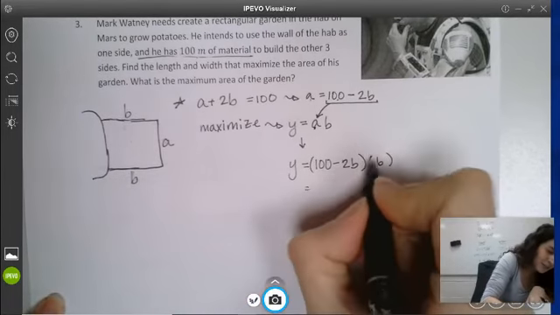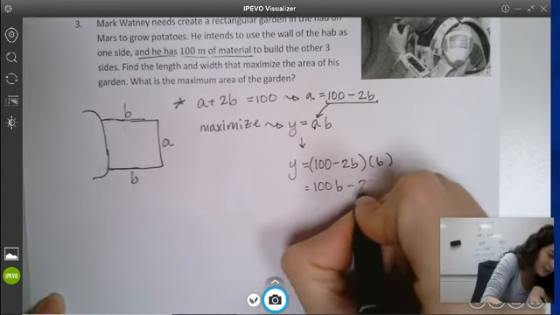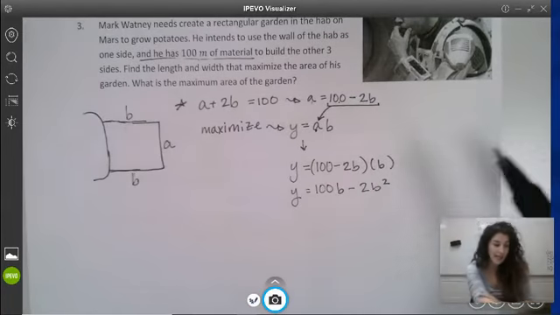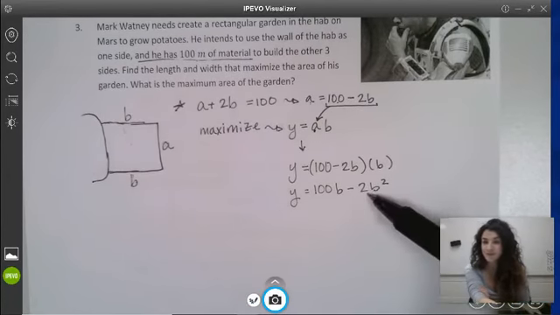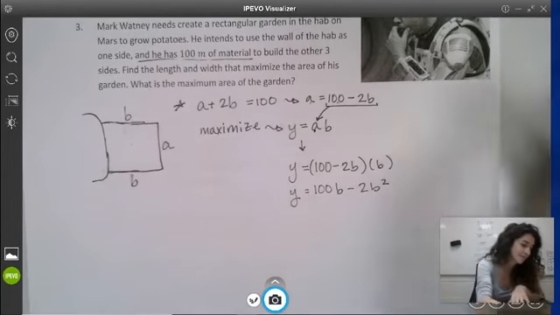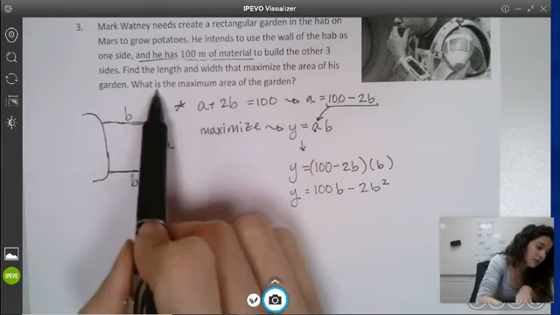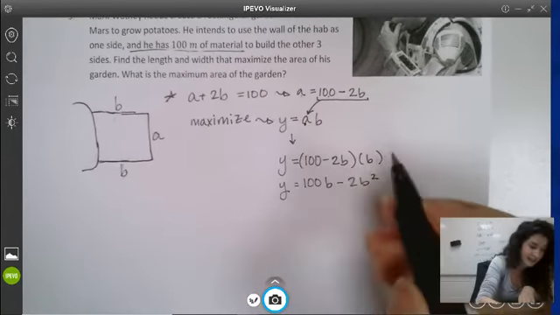It is a quadratic because once I distribute that b, it becomes 100b minus 2b squared. And now I have an equation of two variables. I can use this equation to figure out what is the maximum area by finding the vertex.